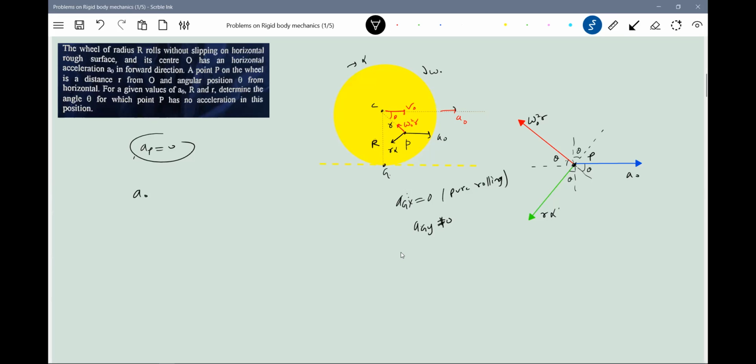Now a naught minus omega naught square r cos theta equals 0. Then r alpha sin theta equals 0. Then along the y-axis, omega naught square r sin theta.